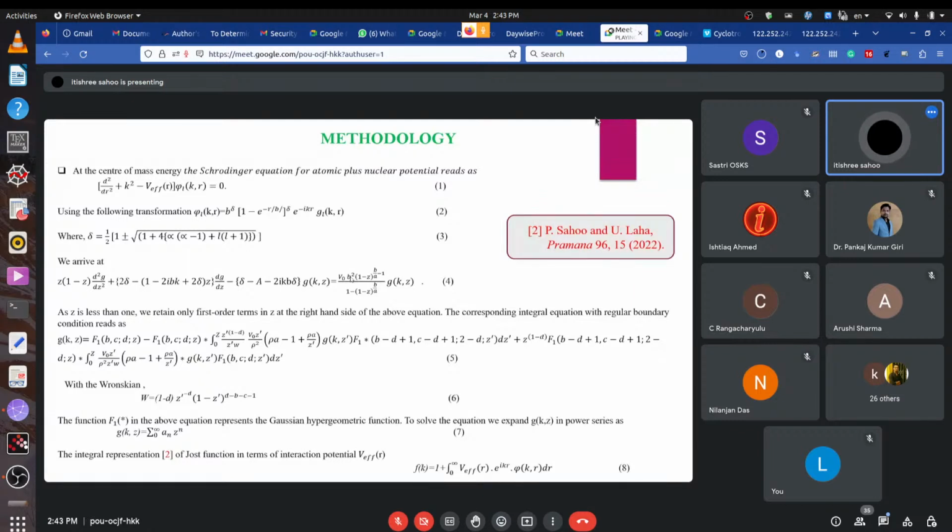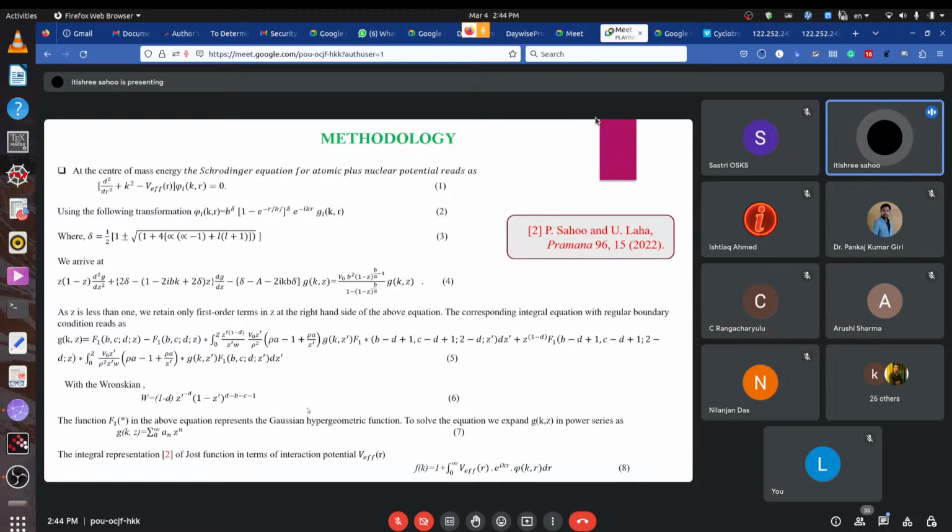Then simplifying, the corresponding integral equation with the regular boundary condition is given as equation 5, where W is the Wronskian, given as equation 6, and f is the Gaussian hypergeometric function and g(kz) is the power series we are using.